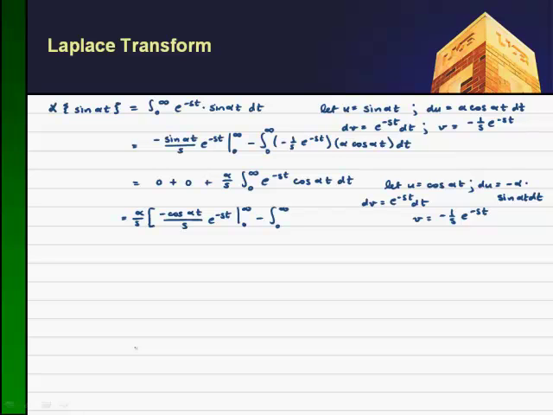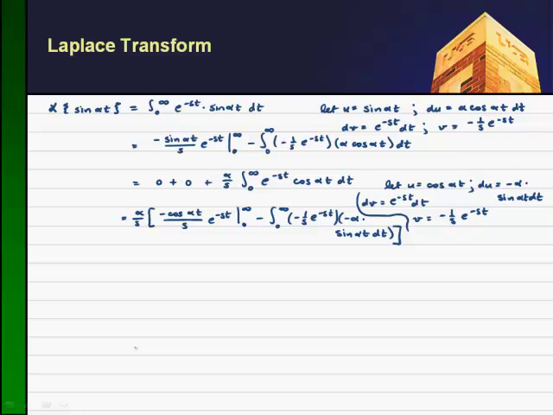So v is minus 1 over s e to the minus st, and du is minus alpha sine alpha t dt. So minus alpha times the sine of alpha t dt. And this bracket closes off this bracket.